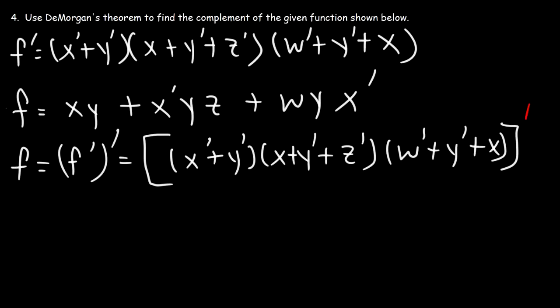So let's begin by distributing the complement symbol. Now, as we distribute the complement symbol to basically the three sum terms, not product terms, the AND operation that we see between them will change into an OR operation. So you could think of multiplication being converted to addition.